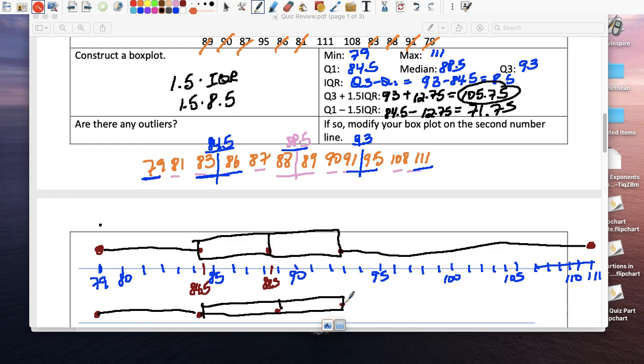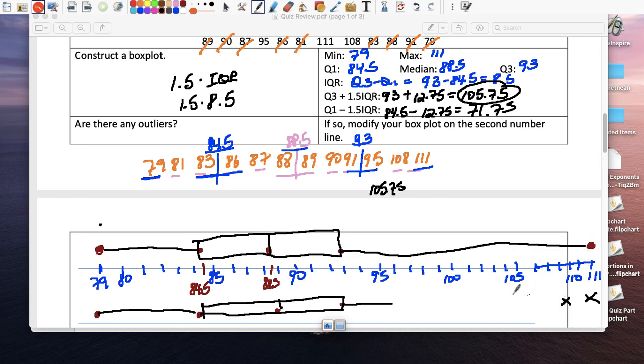So as we're going, what's my highest number? Anything above 105, and I'll put 105.75 here. So 111, we've got to take that out.